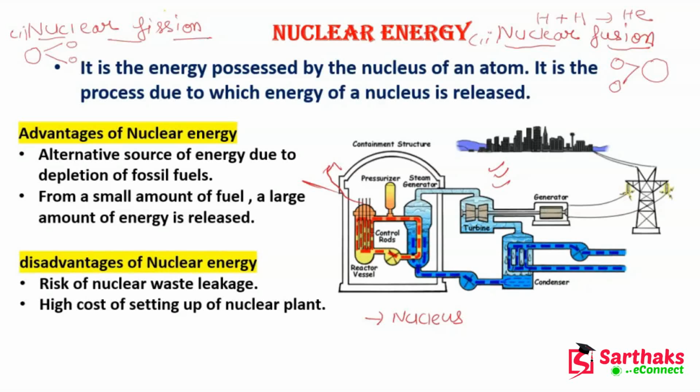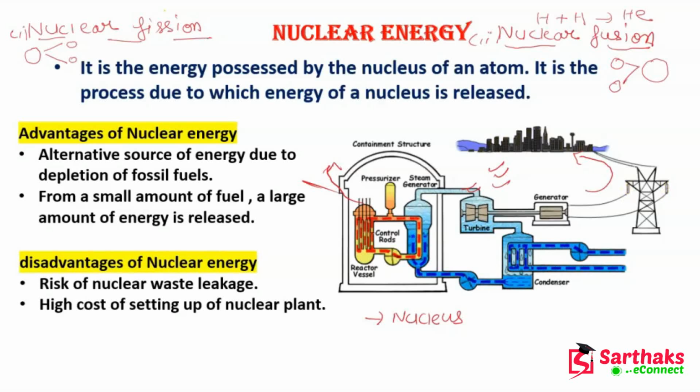So it is converted into steam, and this steam is rotating the turbine. And we all know that whenever a turbine rotates, the generator produces electricity, and this electricity is distributed, or you can say transmitted, to our houses.